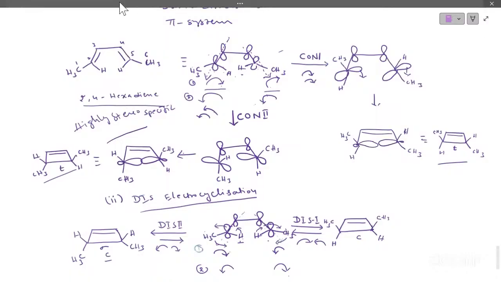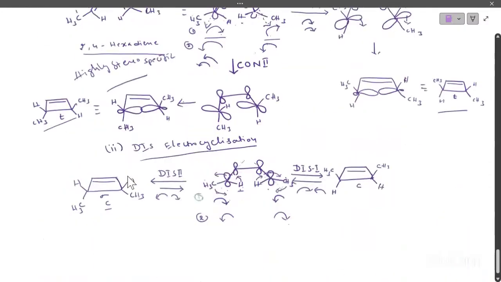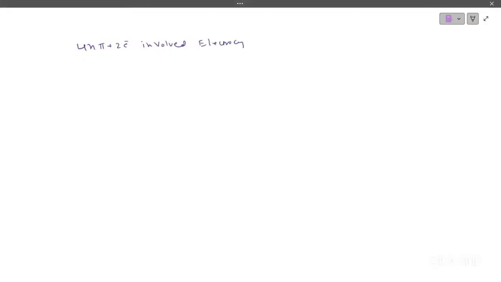And for another example, here we have seen 4n electrons involved in the electrocyclization reaction. For example, I am going to observe the changes in the 4n plus 2 electrons involved in electrocyclic reactions.